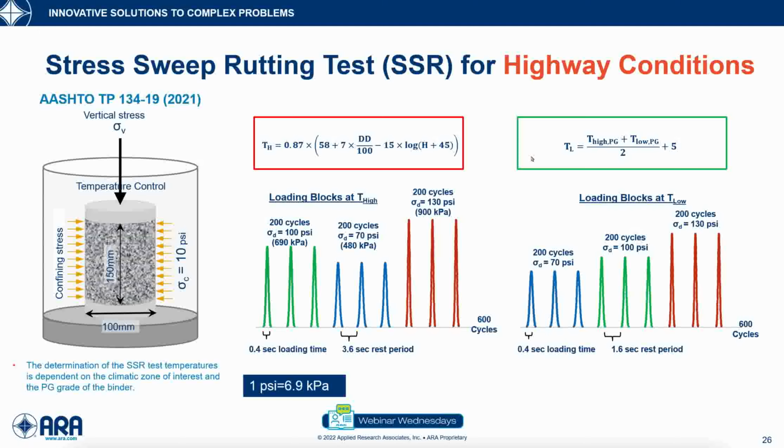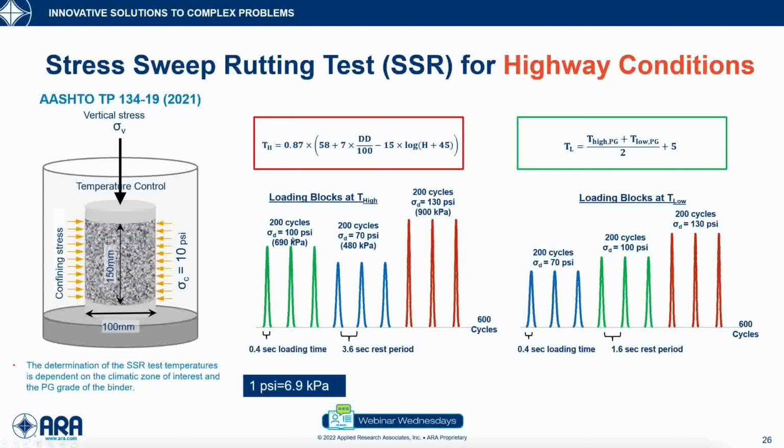So we're going to run the test repeated for two different temperatures. We run three different blocks of sinusoidal waves. Each block consists of 200 cycles, 0.4 seconds of loading time, and 3.6 seconds of rest period to allow any recoverable strain to recover.